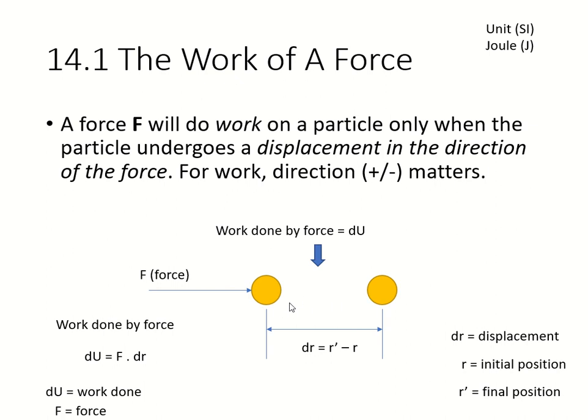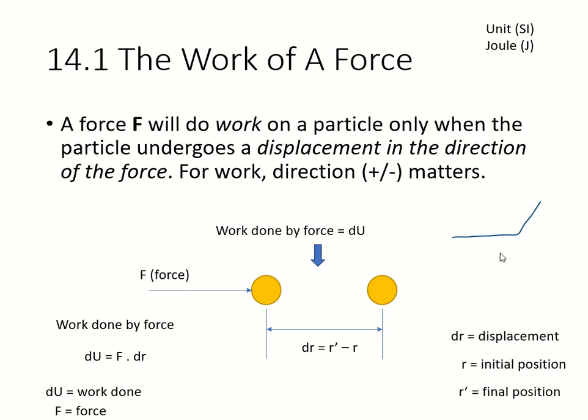In real life, it's not this simple. You're going to have a breakdown of your force, meaning you wouldn't always have a zero degree angle. You're going to have some form of angle when the particle moves.